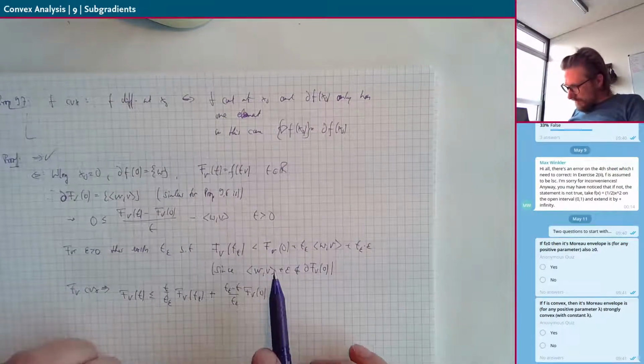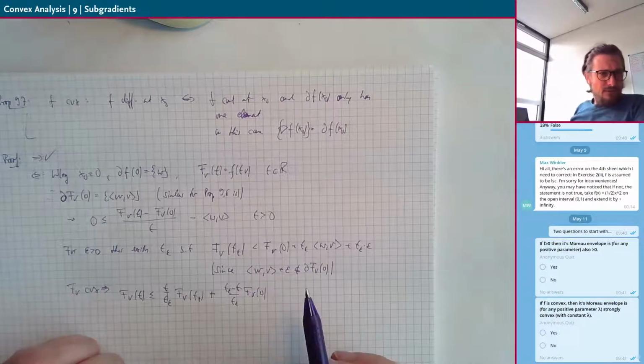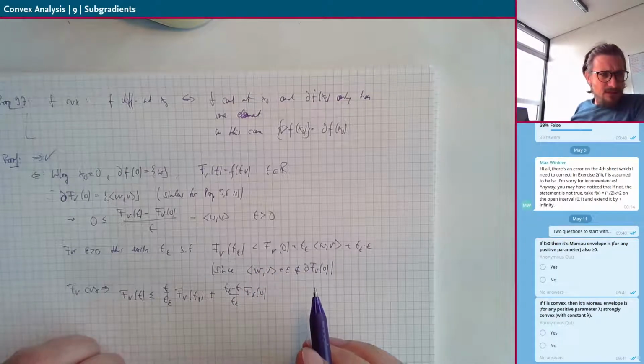Okay, and now we can use this inequality we have here.